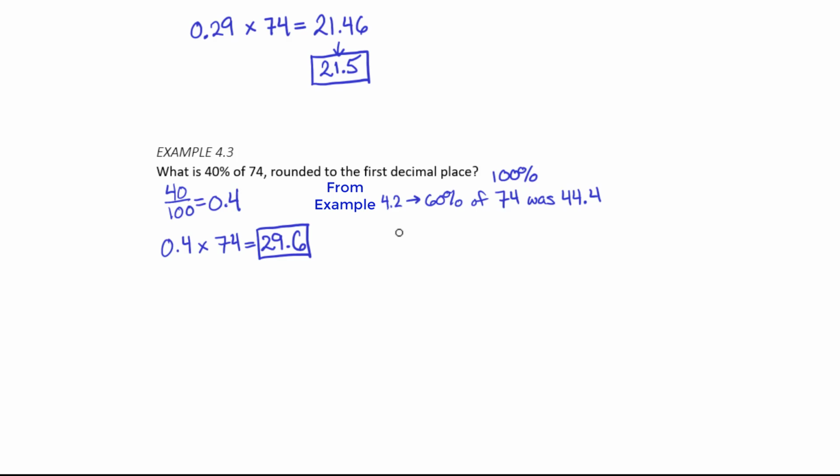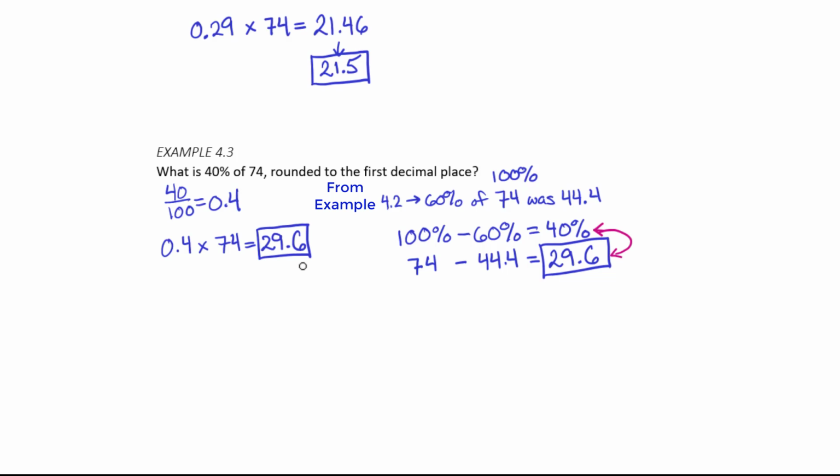Well, just as 100% minus 60% equals 40%, 100% of 74 is 74, minus 60%, which we calculated out, was 44.4. Use your calculator to calculate that out. You get 29.6. So, two different ways we figured out that 40% of 74 was 29.6.